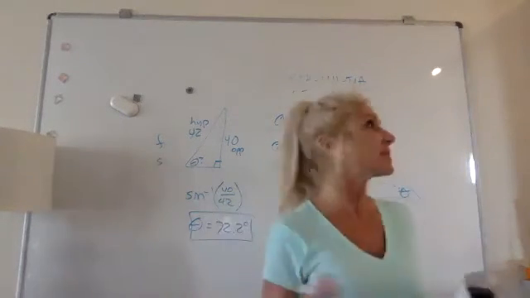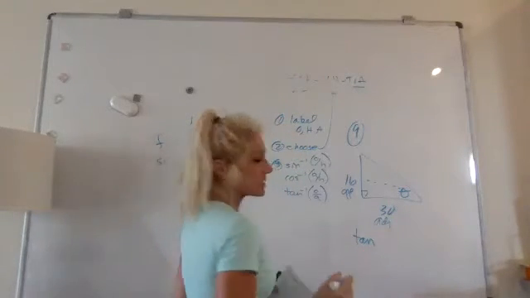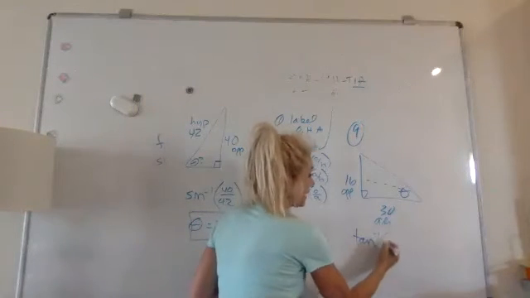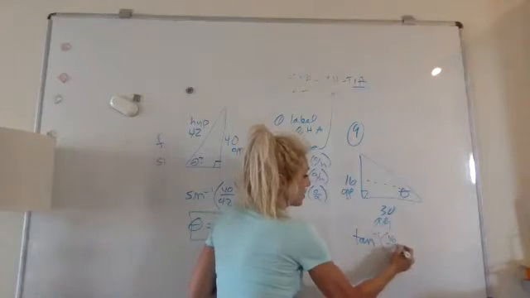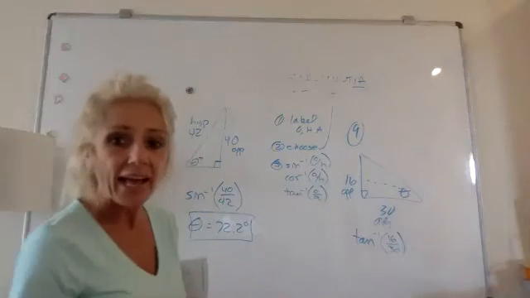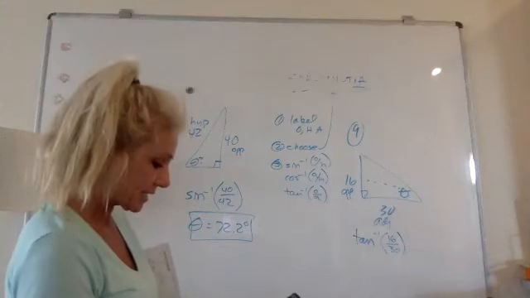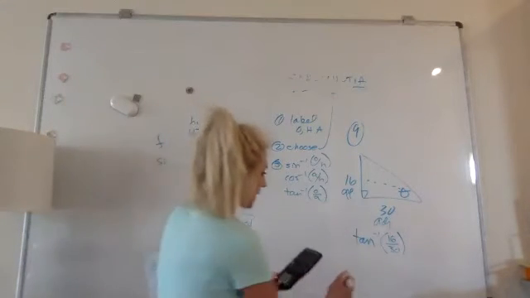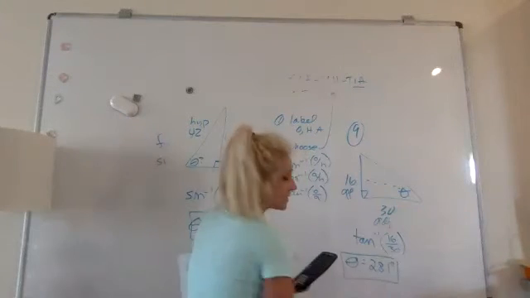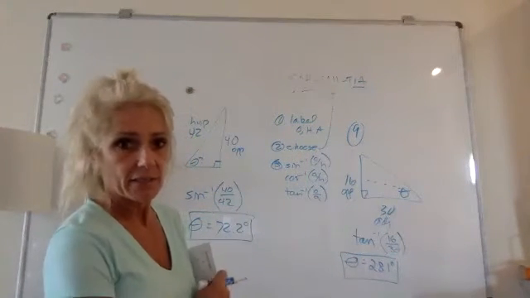So knowing that I have opposite and adjacent, I'm still going to select tangent, but since I'm not looking for a side, I'm looking for an angle, I'm going to do tan inverse of my opposite over adjacent. So I'm looking for the angle that would have that relationship. So I'm going to do inverse tangent of 16 over 30, and I'm going to find out that my angle would be 28.1 degrees. So that's kind of where that's at.